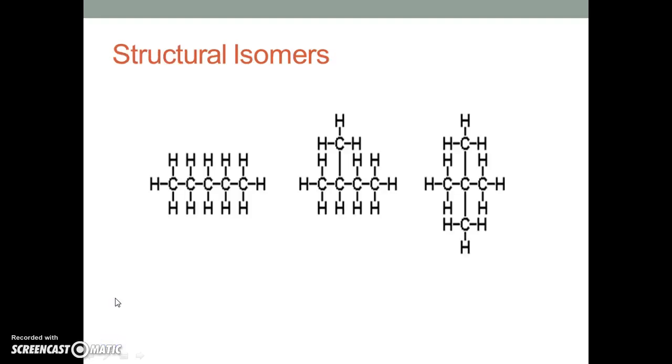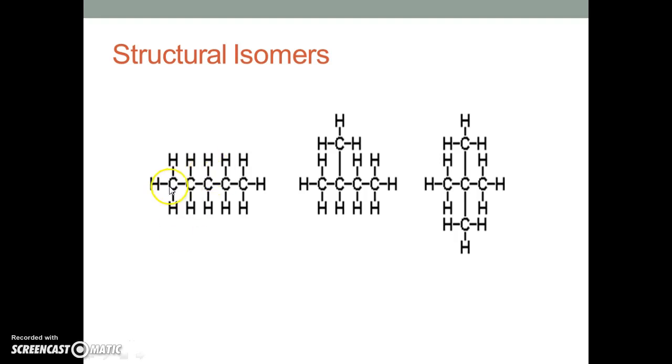Here we see some examples of different layouts that hydrocarbons can take with the hydrogens plugged in now. And if you look at these hydrocarbons here, they all have something in common. Yes, they both contain carbon, they both contain the hydrogen, but all 3 of these have 5 carbons, and all 3 of these have 12 hydrogens as well.